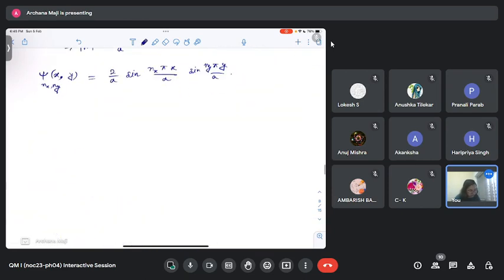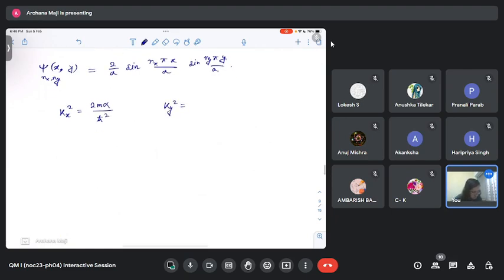It was 2m alpha divided by h cross square, and ky square was 2m e minus alpha divided by h cross square. So if you sum them up, you are left with 2me over h cross square.